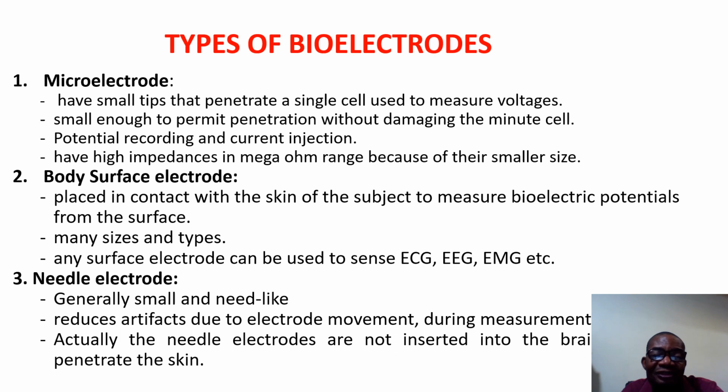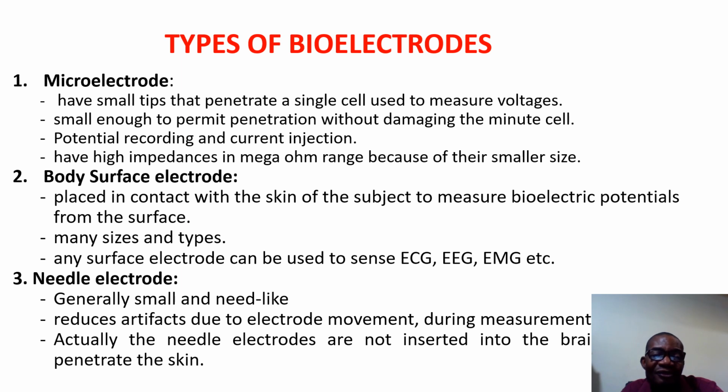Based on the name micro, meaning small, their tips are very small, capable of measuring minute electric current in a single cell. They are small enough to permit penetration without damaging the minute cell.